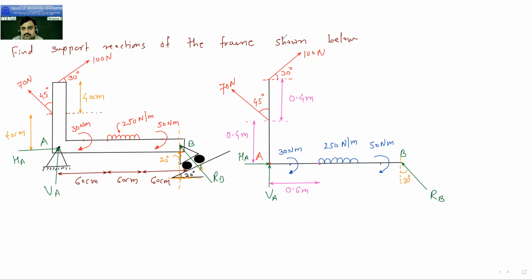Again, from the start of the UDL to the end of the UDL, up to this point, the distance is again 60 centimeters, so 0.6 meter. And lastly, again from this point up to RB, this total distance is again given as 0.6 meter. So this is our given diagram. This is the line diagram of the given frame.